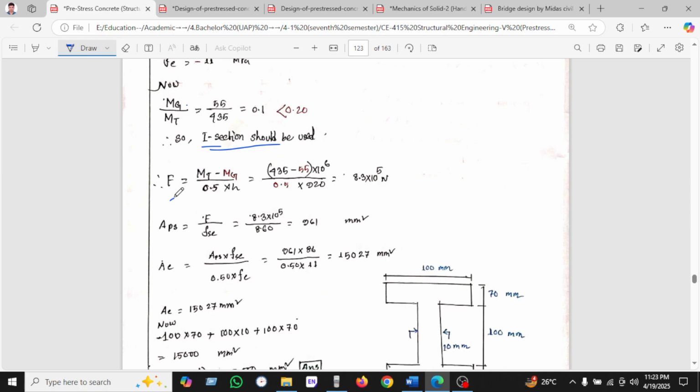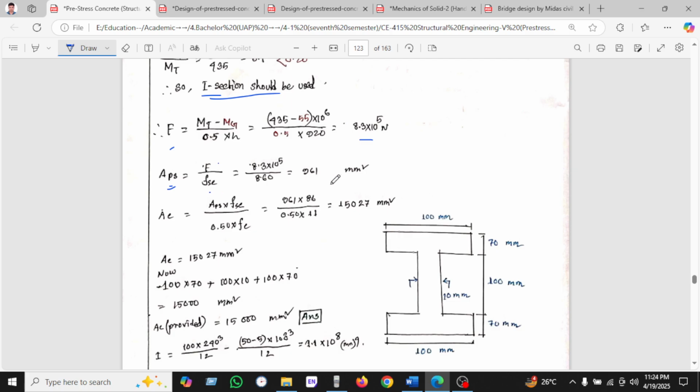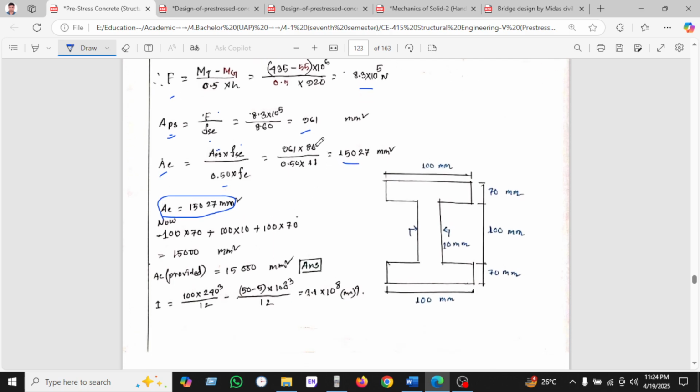So we know the force equals total moment divided by, girder moment and 0.5 into h, and we found this value. The area of steel, we know, is force into stress, and we found this value. And the area of concrete, we used the area into stress and 0.5% of f_c, and found this value. So we found the concrete area and the steel area.